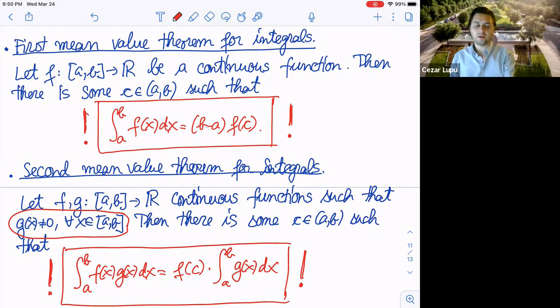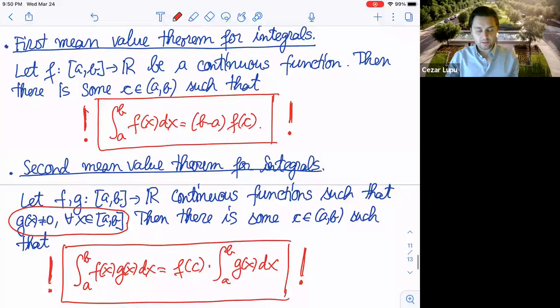In fact, I would like to point out a remark here. If you look at these two theorems, the second mean value theorem implies the first mean value theorem.